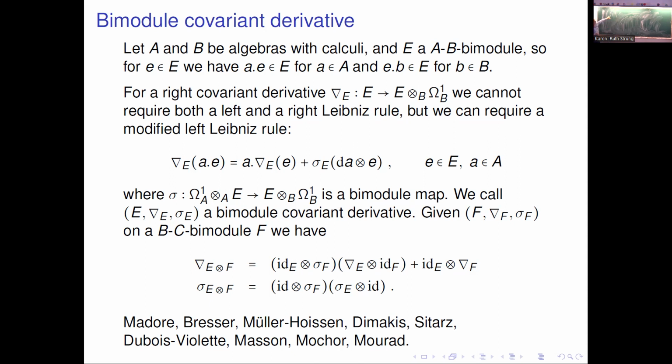So if I've got algebras A, B, and C, E is an A-B bimodule, F is a B-C bimodule, and E tensor F is then an AC bimodule. And I can change E into G, and then I can change this into another bimodule.